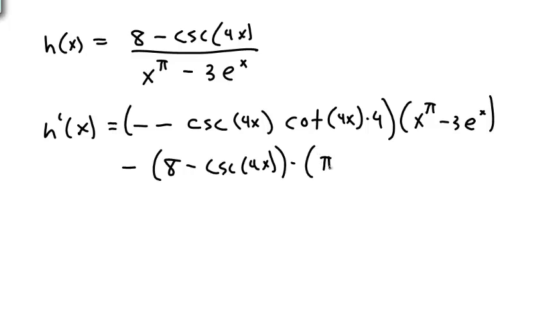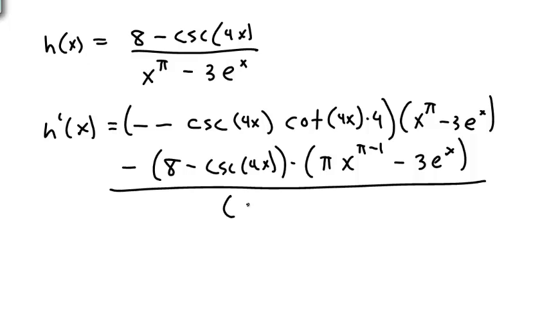You put the constant in front, x to the pi minus 1. And minus the derivative of 3e to the x, which is 3e to the x. So what have we had? We have bottom times the derivative of the top minus the top times the derivative of the bottom, all over the bottom squared.